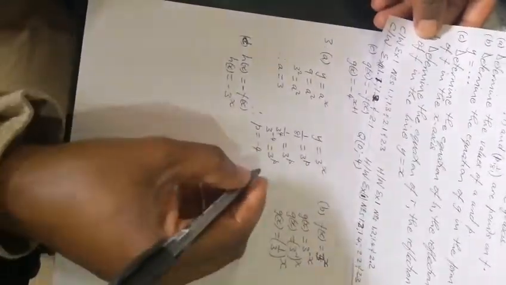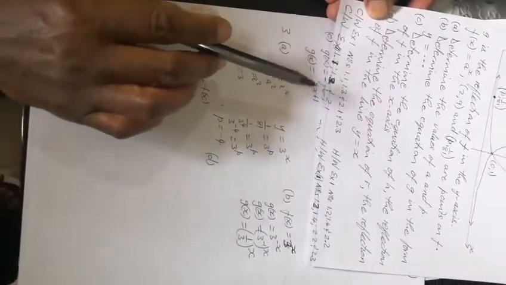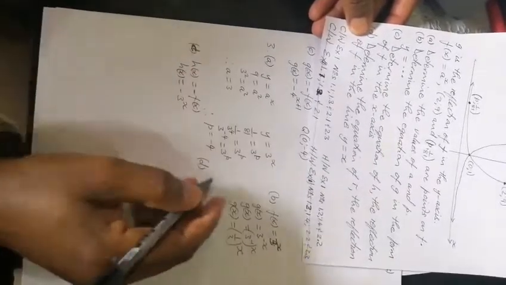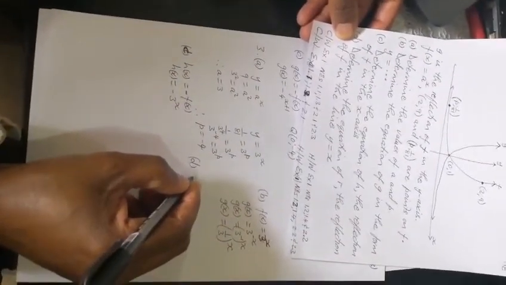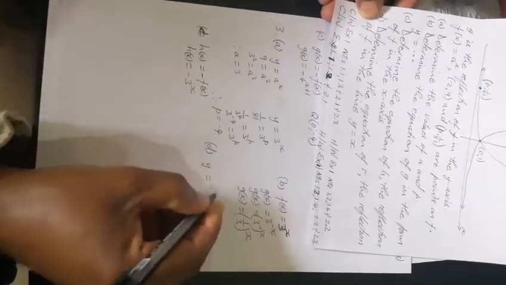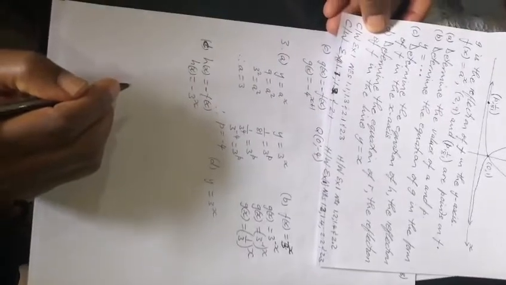Then part D, which is the last one, is saying determine the equation of R, the reflection of F in the line y is equal to x. This we have been doing in the previous lessons. We have our y being equal to 3 to the power x. What do we do to find the inverse? We reflect in the line y is equal to x.